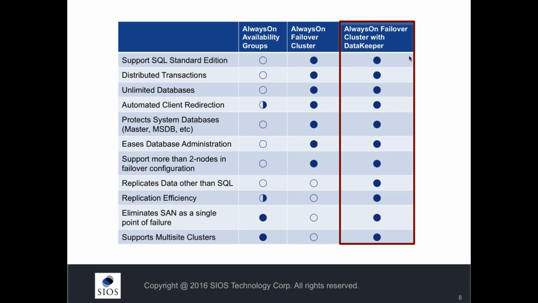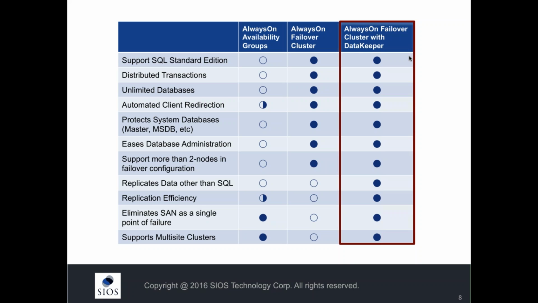Also, DataKeeper, because it is a disk level replication technology, it can replicate any type of data, not just your SQL databases. So this is great if you have an application that sits on top of SQL Server and perhaps some data lives outside the SQL database, on the file system. And maybe it's PDF files or text files or some other type of data that's not in the database.